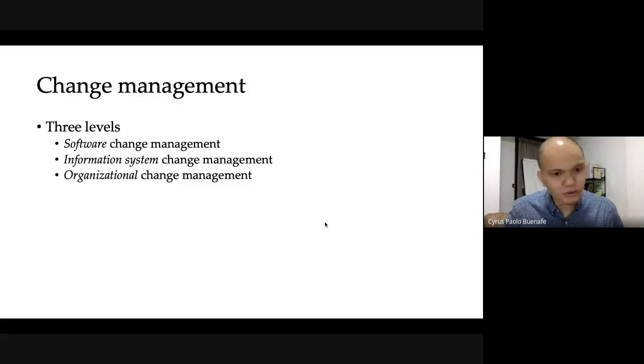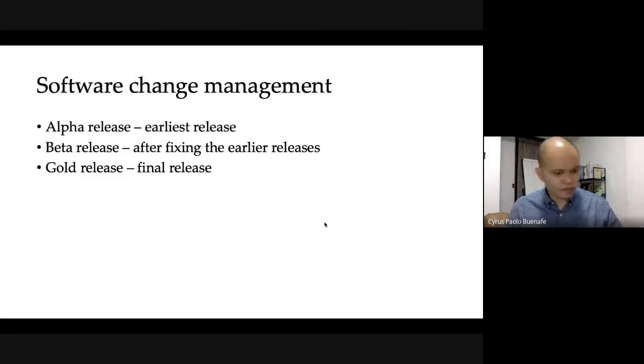Now let's talk about software change management. The idea of software change management is that there are multiple releases, and it's how you package or brand or label those releases that will really dictate how far along you are in the development stage, right? So an alpha release is known as the earliest release, but because it's the earliest release, you do expect it to be the buggiest of all the releases.